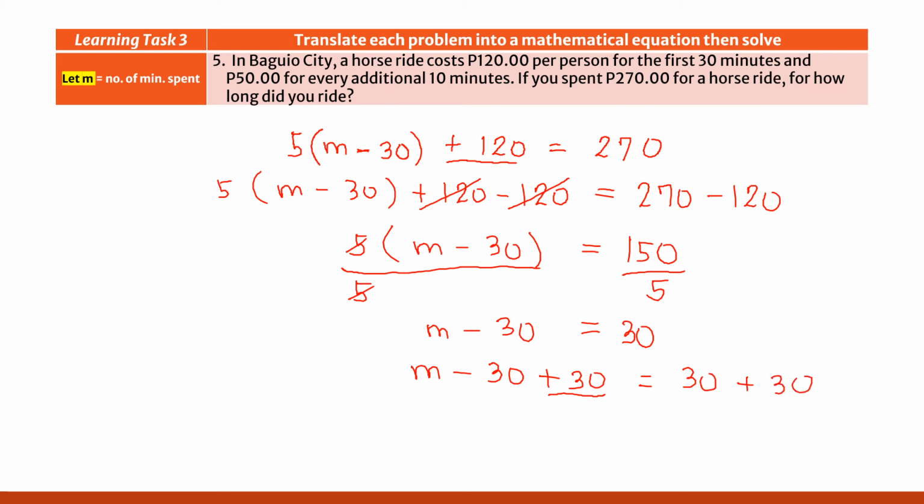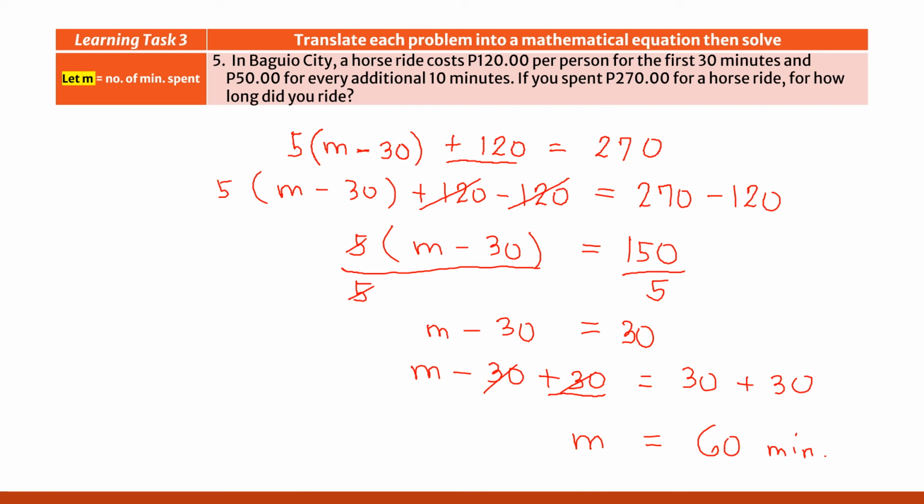Okay? So, na-cancel ang minus 30 plus 30. Ang natira ay m. So, what is 30 plus 30? Ibig sabihin, 60. 60 ano? Eto, 60 minutes. Ibig sabihin pala, dito sa problem na to, ikaw ay nag-ride sa loob ng 60 minutes. O sabihin na natin, ikaw ay nag-ride sa loob ng 1 oras.